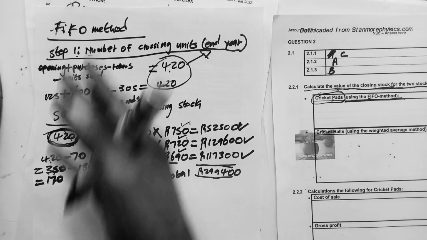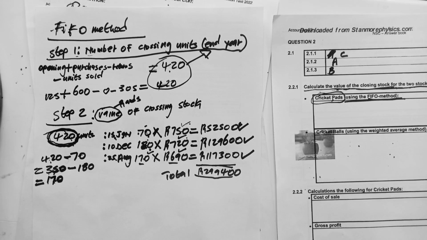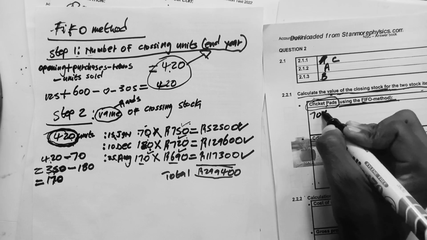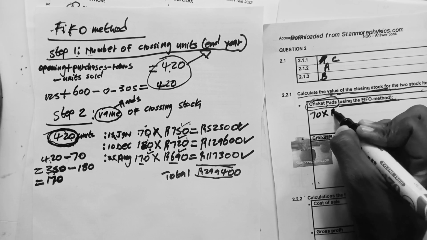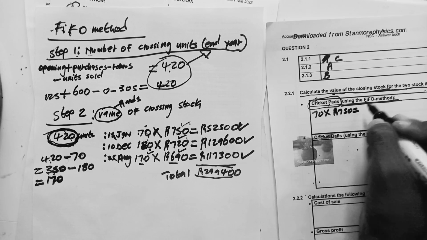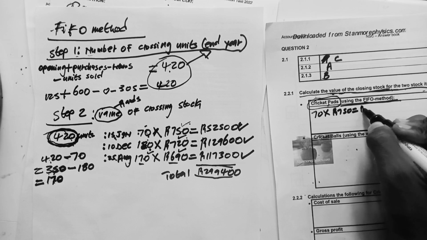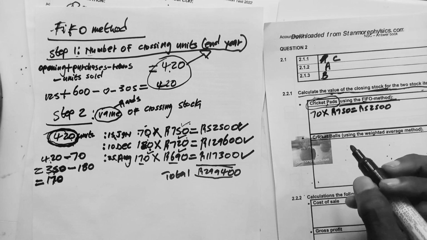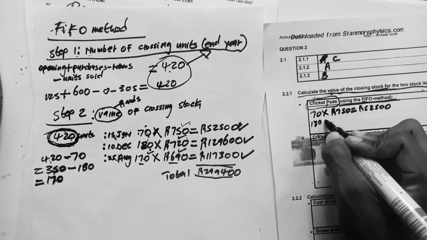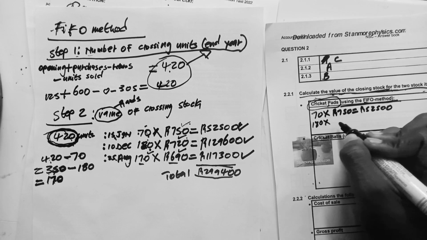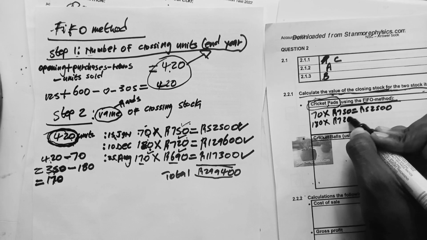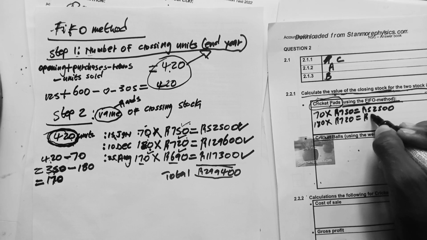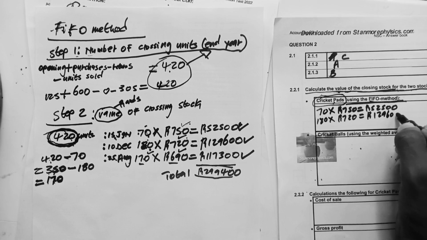This is how we do it. Go and revise the video. If you did not understand, I will just write the answers. It's 70 multiplied by 750, which gave us 52,500. Then it's 180 multiplied by 720, which gave us 129,600.